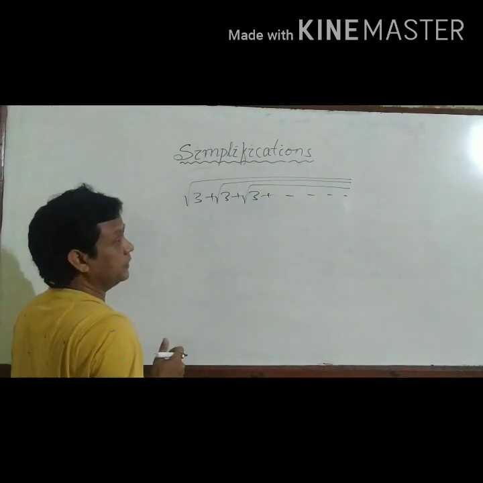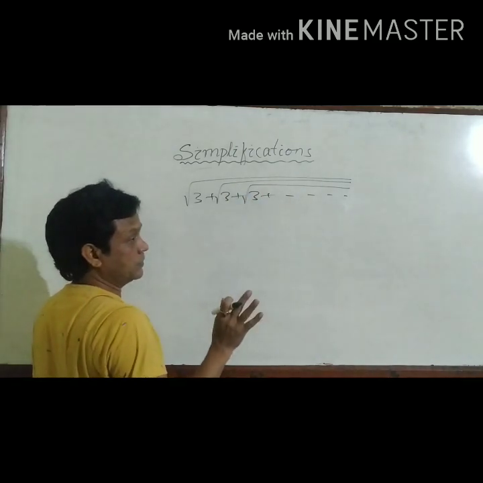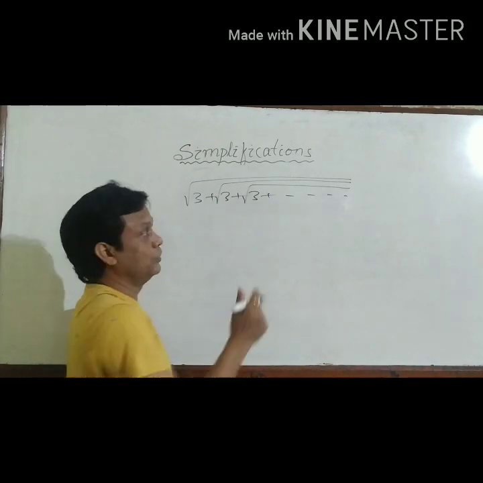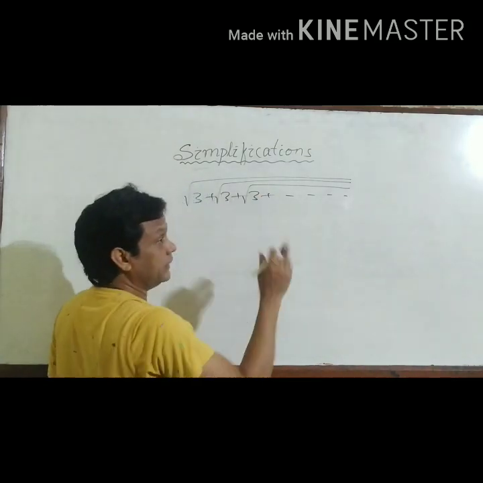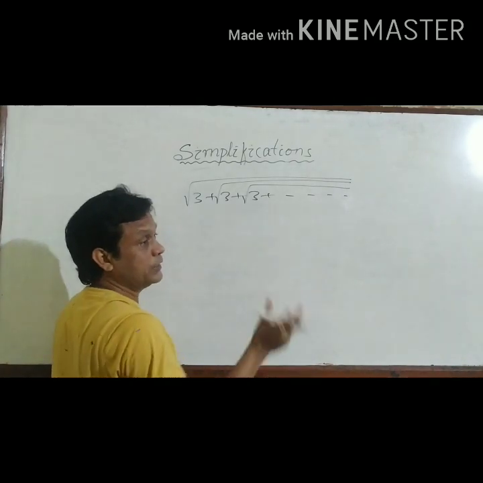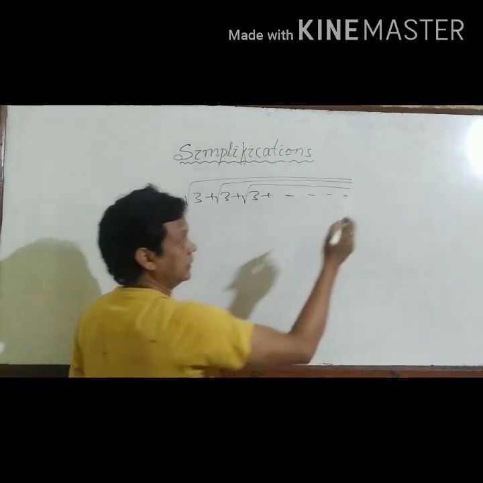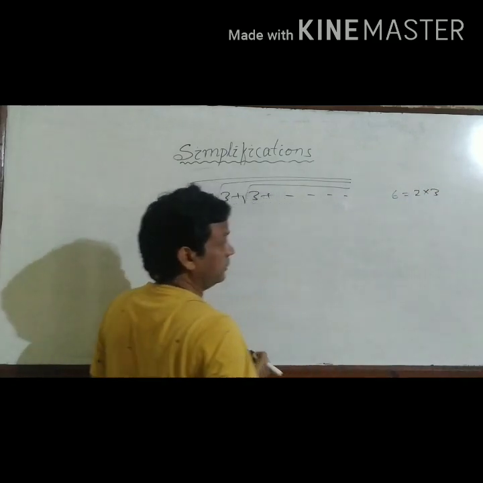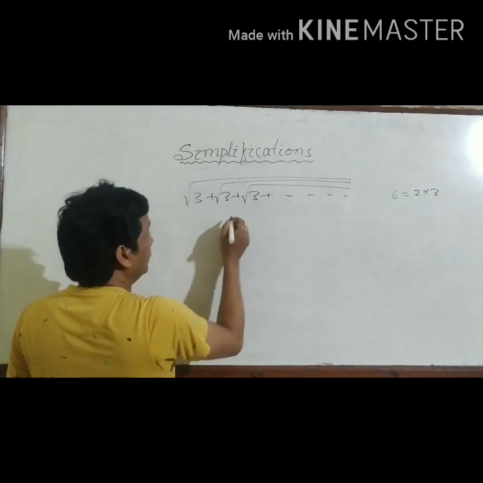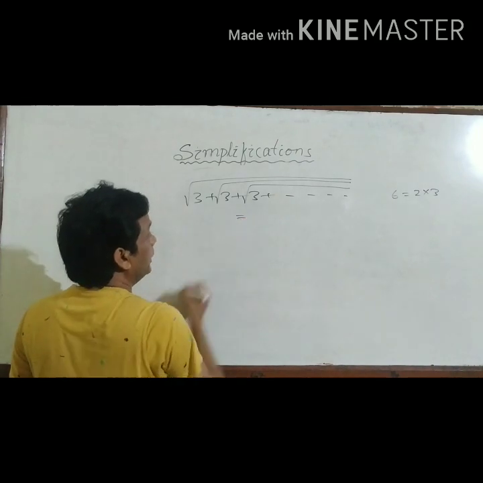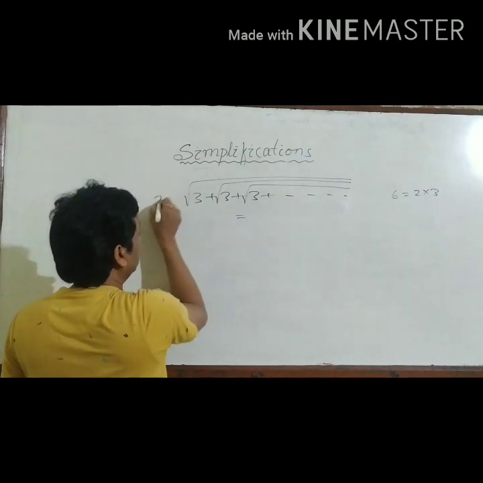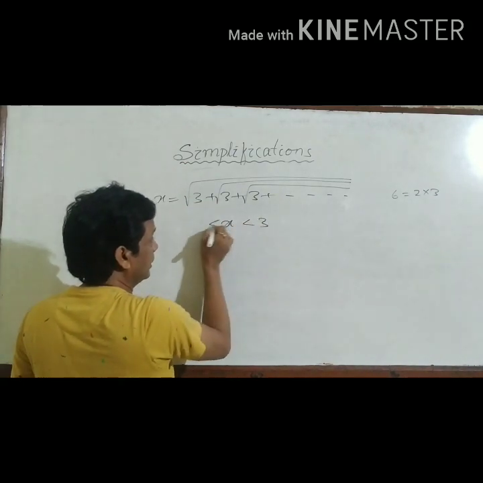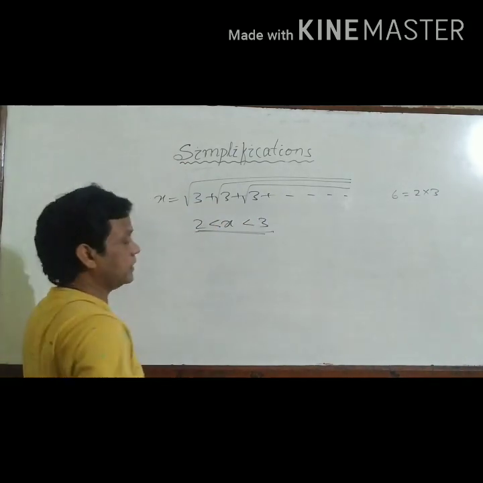So after 3, it is 4. 4 cannot be expressed. 5 also cannot be expressed. So come to the point 6. After 3, the next number which can be expressed as the product of two consecutive integers is 6, that is 2 into 3. So here if x is equal to this one, then x is less than 3 and greater than 2. This is the answer. x is between 2 and 3.